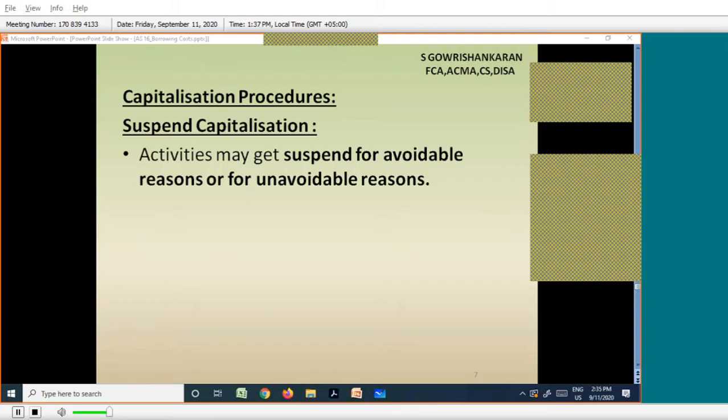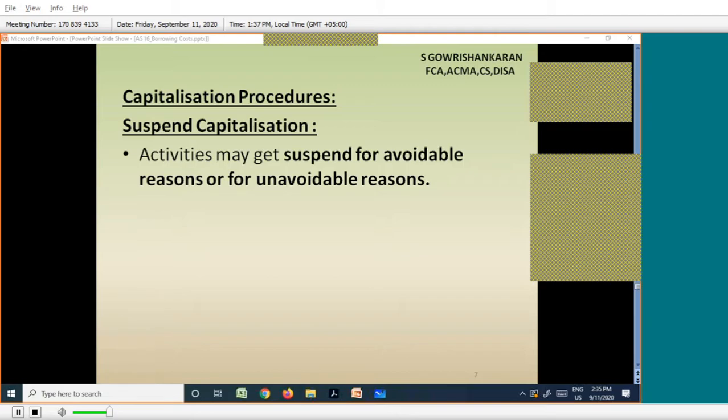But if you are suspending the project due to an unavoidable reason, then you can continue your capitalization during that period also. During the period which is due to some unavoidable reason, corona period also, you are eligible to capitalize the interest.